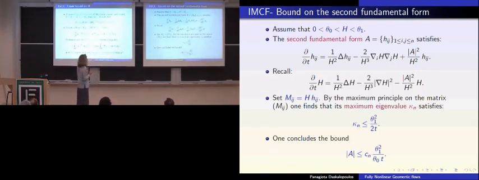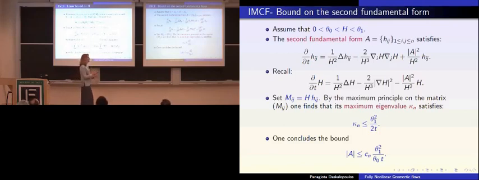Now, all right. Once you have a bound from below on H, then of course things get better. We all know that things get better because 1 over H is now at least bounded from above. And then you need to bound the second fundamental form to get a C2 bound.